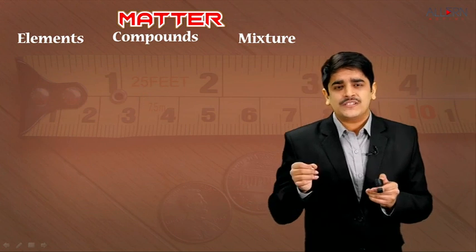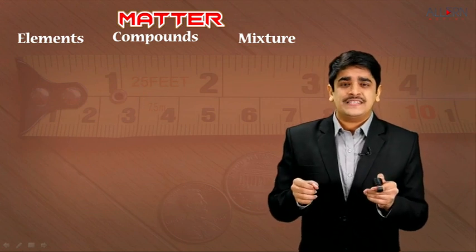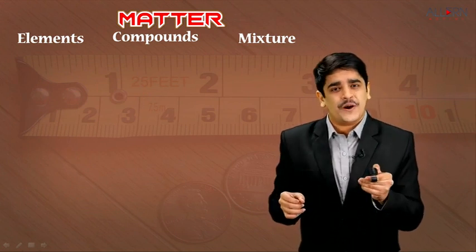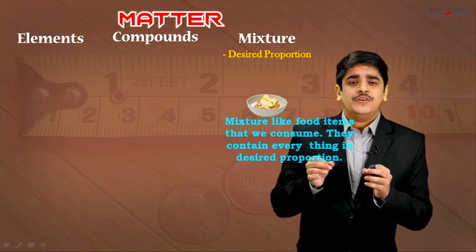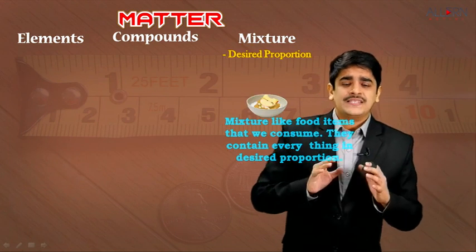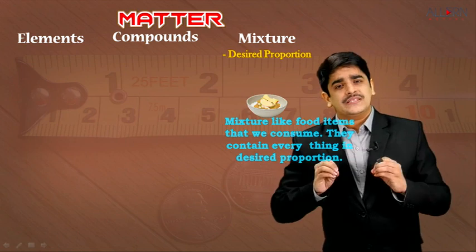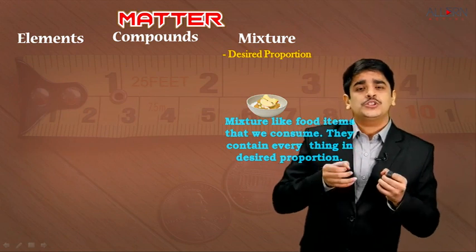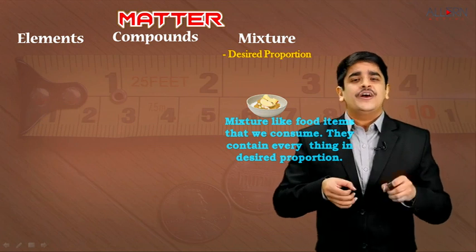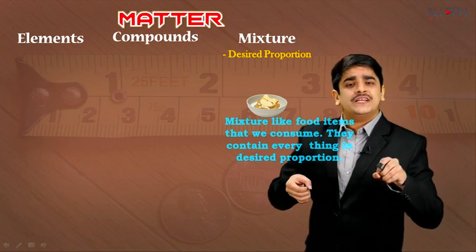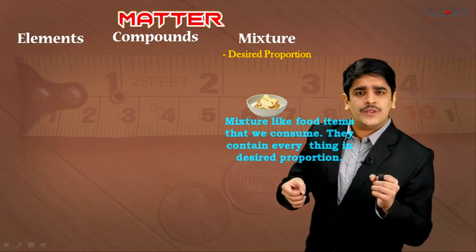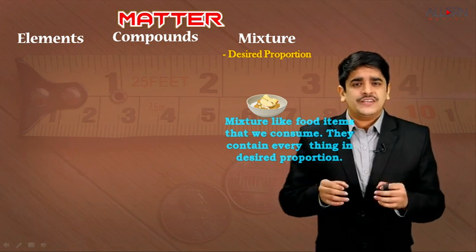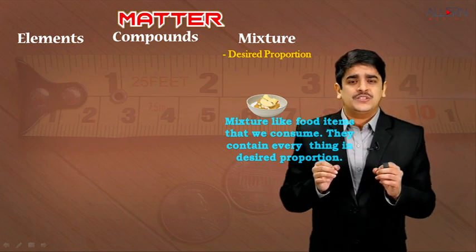The first substance that we are going to actually have a look at is the substance to the right, which is the mixture. Whenever we talk about a mixture, understand that the elements and compounds which make up a particular mixture, the constituents that make up a particular mixture, can be present in any desired proportion. What do I mean by that? Mixture is like our food items that we consume.